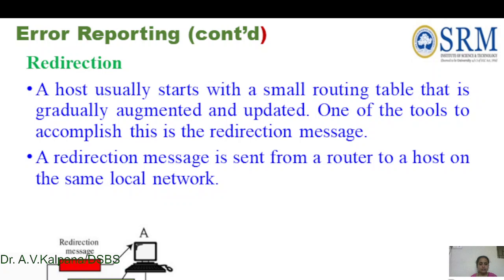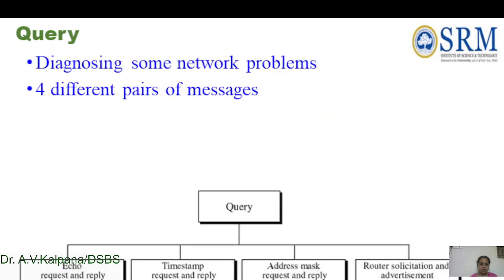Router 1 sends the IP packet to R2, and it also sends a redirection message to the original source, saying that hereafter you should not send the IP packet this way, you have to send it to R2. Some kind of information will be sent to the particular node. And this is the format.